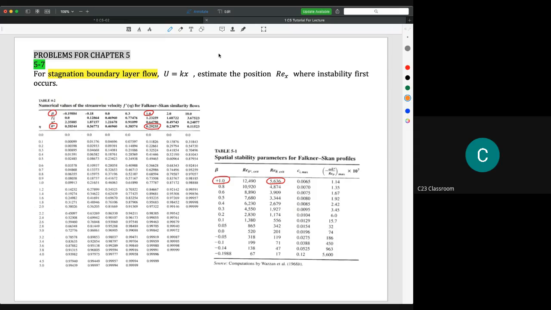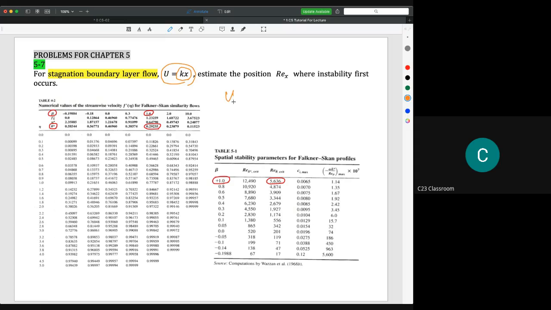So here we will use U equal Kx because when we have a transition and then we go for turbulent, the velocity is actually in terms of Kx, means just only one term of x. If you remember, I think you are now solving the assignment. Assignment is the laminar boundary layers.